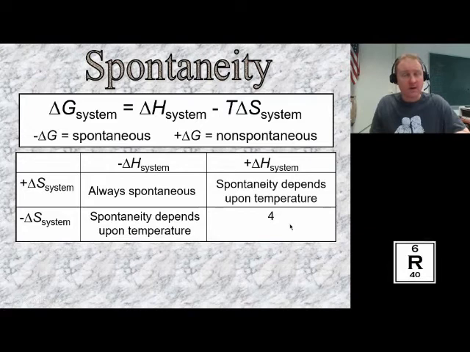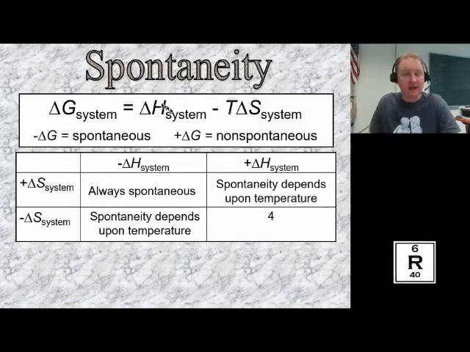Let's look at the fourth box. We have an endothermic reaction that is becoming less disordered. So I'll put a positive number here and put a negative number here. So positive minus a negative is the same as saying positive plus something. So whatever numbers I put in here, let's say 10. 10 minus, that has to be negative 10.